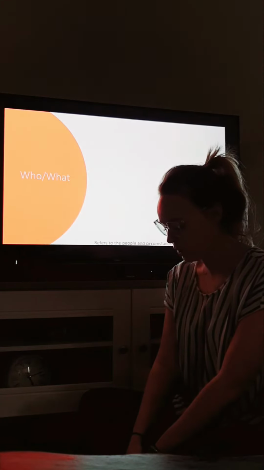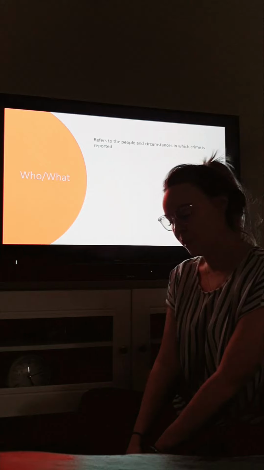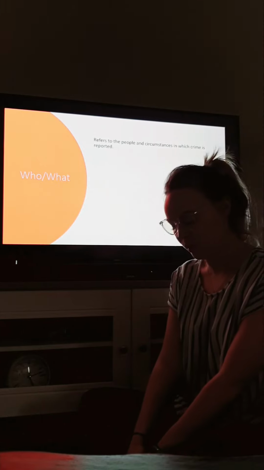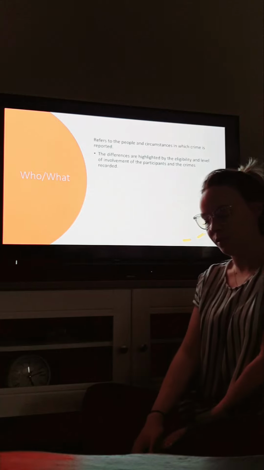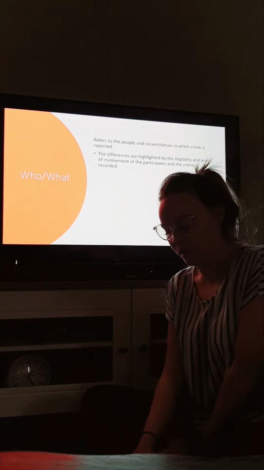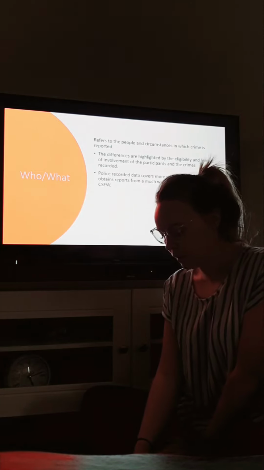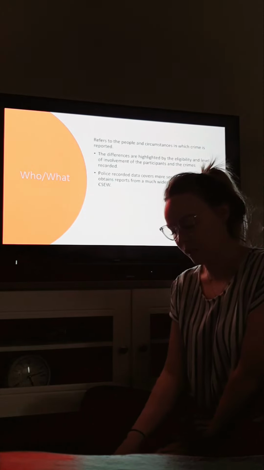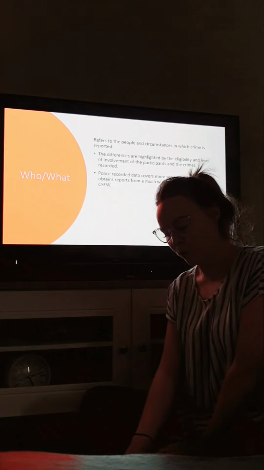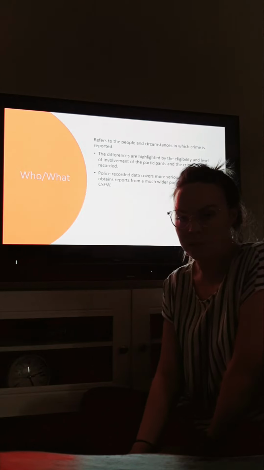Who and what? This refers to the people and the circumstances in which crime is reported. The differences are highlighted by the eligibility and level of involvement of the participants and the crimes recorded. For example, police recorded data covers more serious offences such as murder and rape and obtains reports from a much wider population than the CSEW.